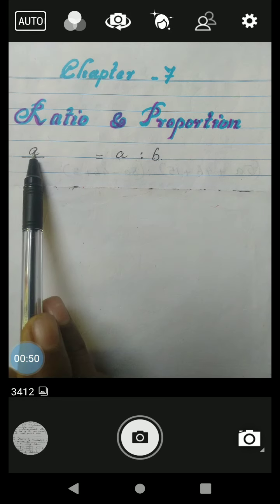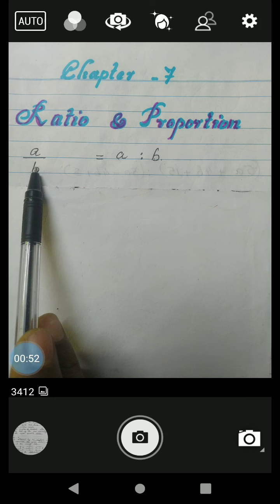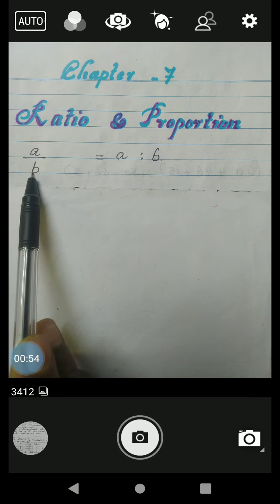What is a ratio? The ratio of two quantities of the same kind and in the same units is a comparison obtained by dividing the first quantity by the second.